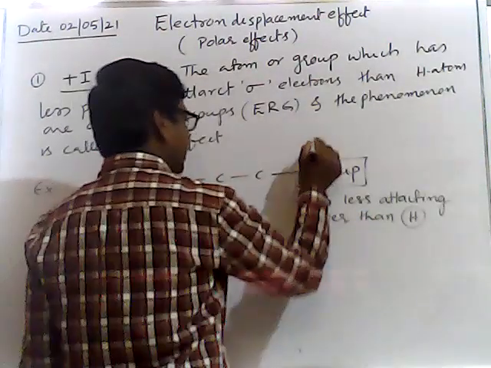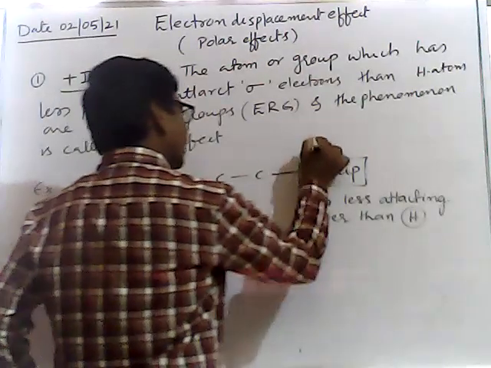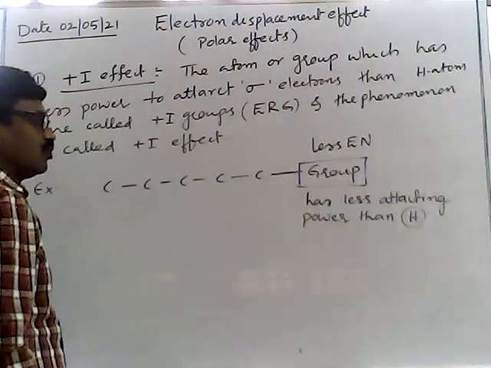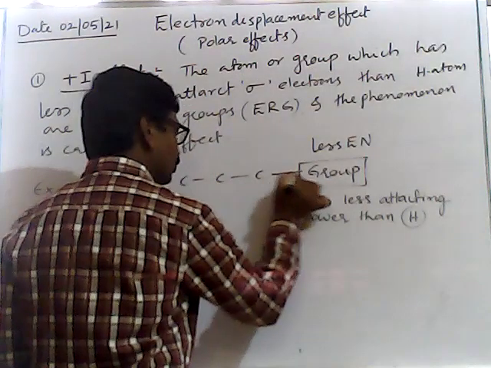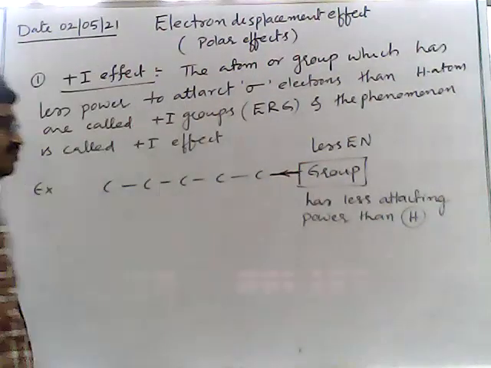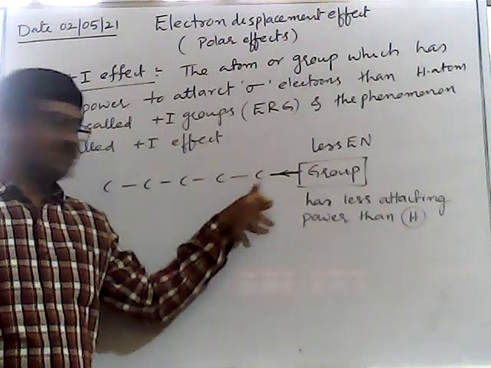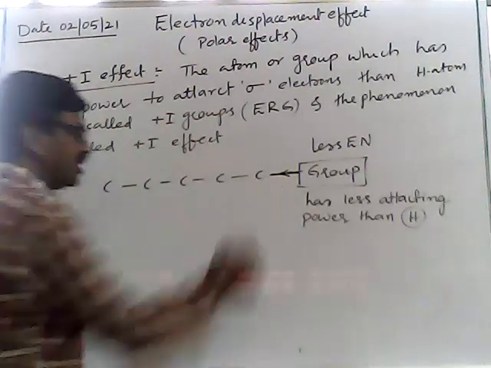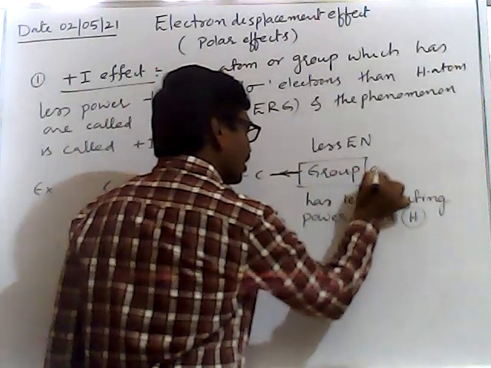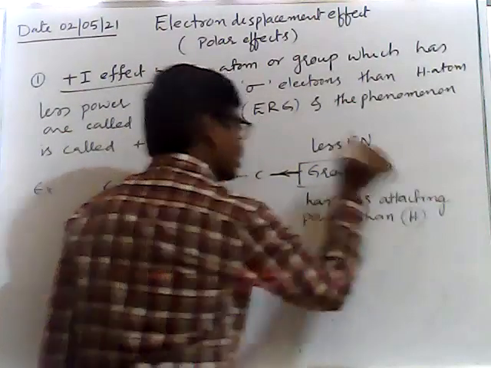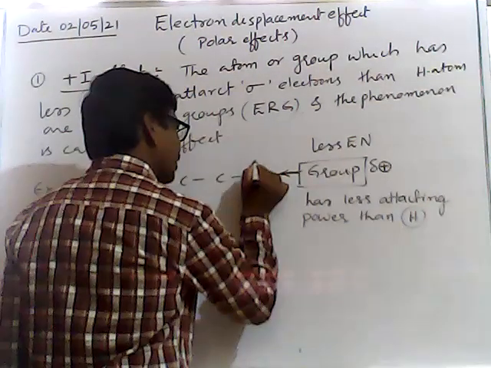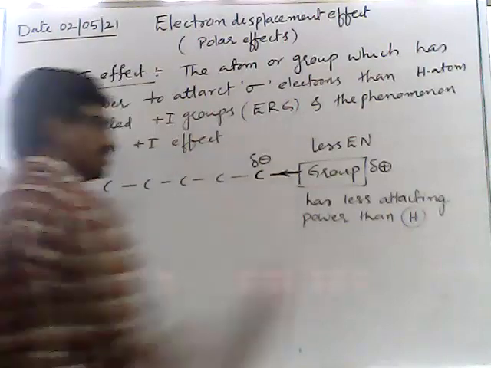Otherwise, we can say it has less electronegativity than this carbon. It is a less electronegative group. So the carbon can attract the sigma bond electrons towards itself, so that at this group electron density decreases, so this group will take partially positive charge, and this carbon will take partially negative charge.